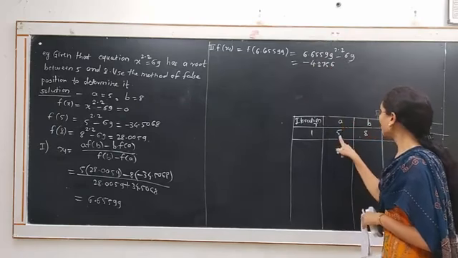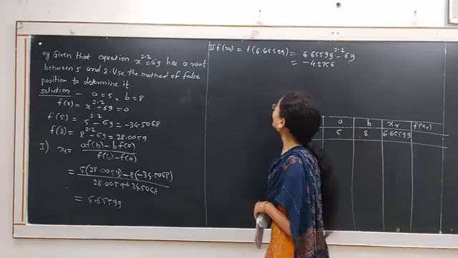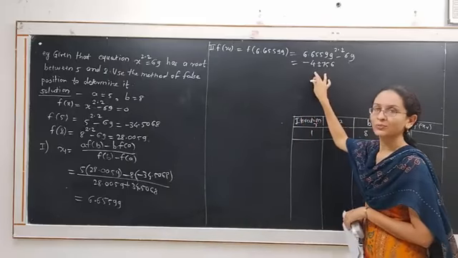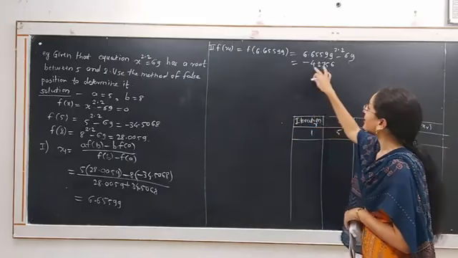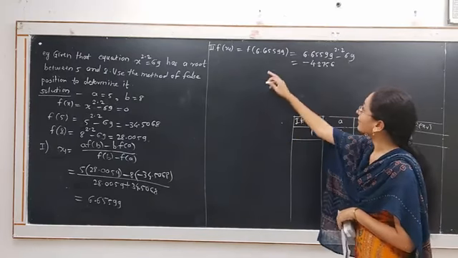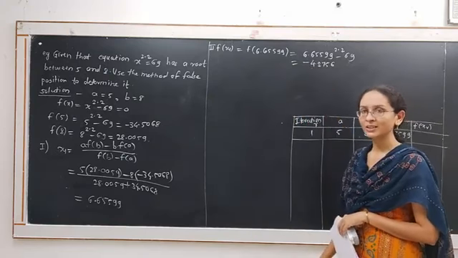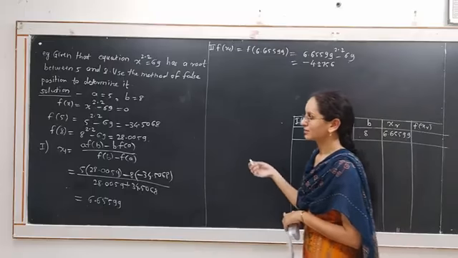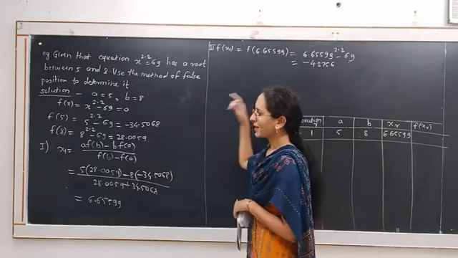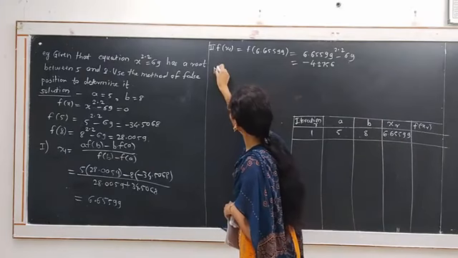See, the sign of f of a is negative and the sign of f of x1 is negative. Hence the product of f of a and f of x1 is positive. We require it to be negative so that we can find the root between those two points, namely a and x1. But the product of f of a into f of x1 is positive.